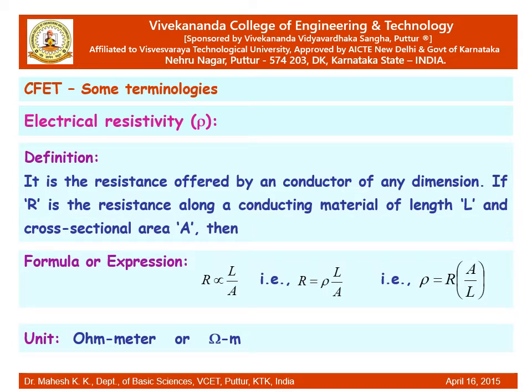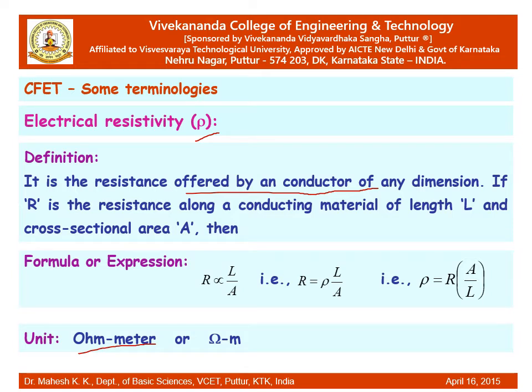Let us see electrical resistivity, denoted as rho. It is nothing but the resistance offered by a conductor of any dimension. When I say any dimension, that means this is a standard parameter with a standard unit, that is ohm meter, unlike the ohm. Resistance changes with the dimension, but this is independent of dimension.